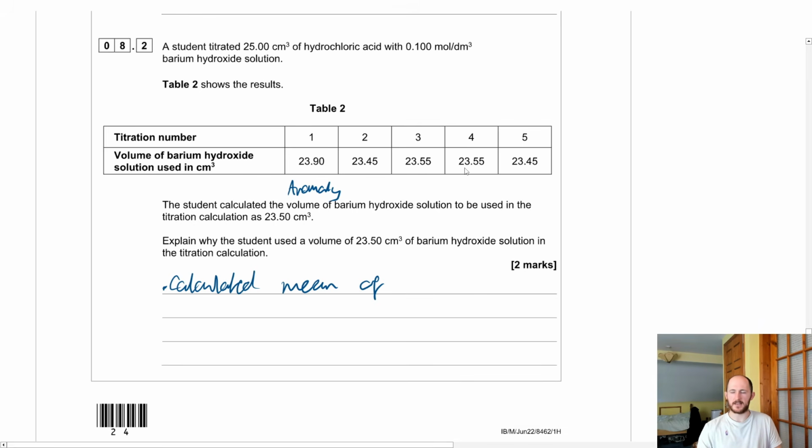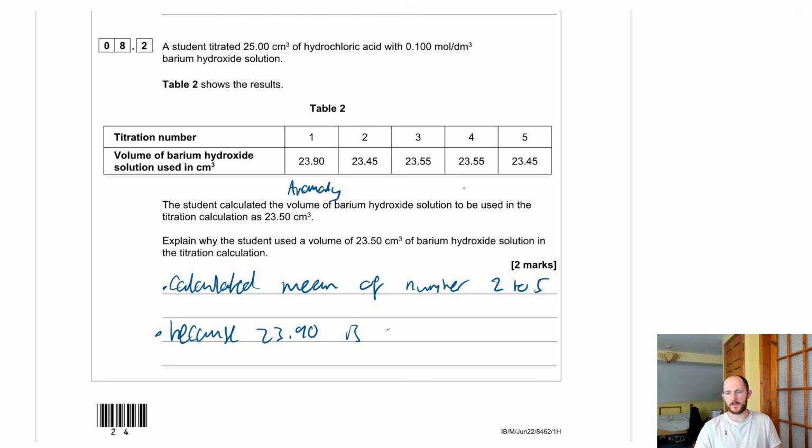You get better at things as you do them more. So the mean of number 2 to 5, because 23.90 is an anomaly. So simple. It was an anomalous result, so we disregarded that and calculated the mean of the other 4 numbers.